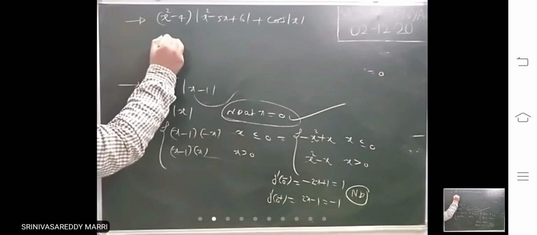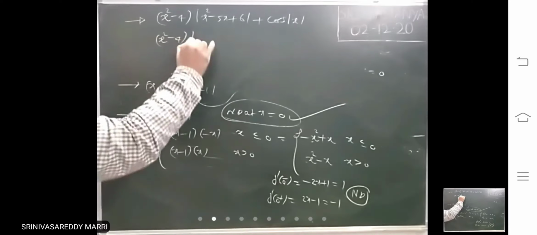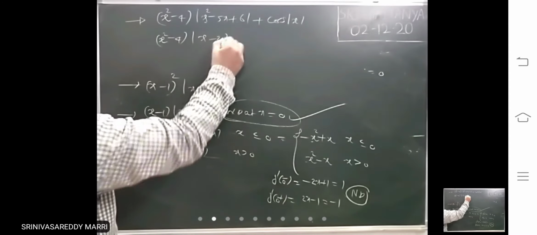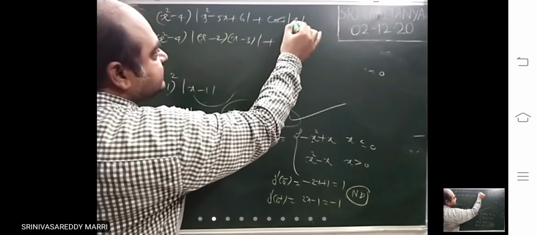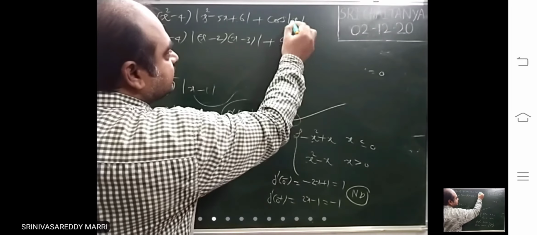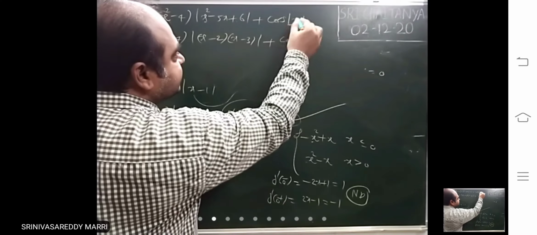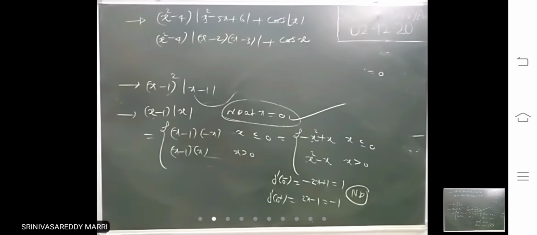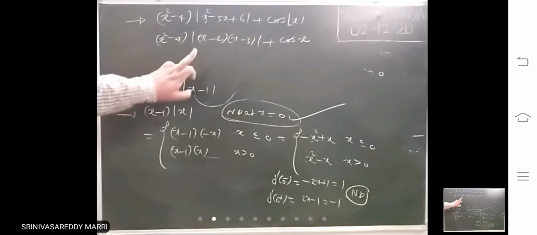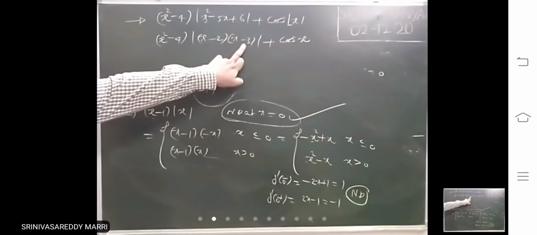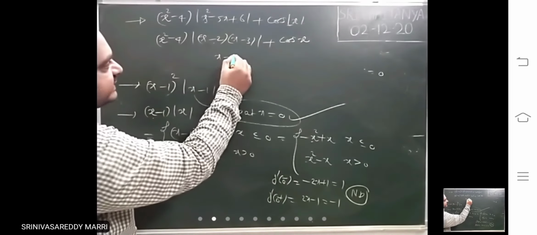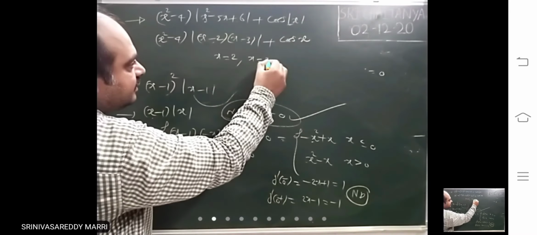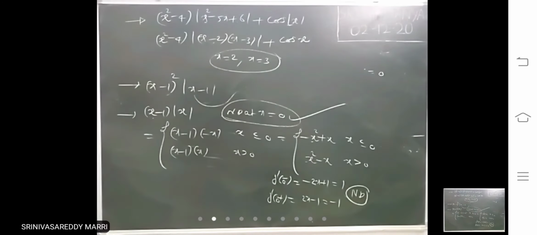Now x square minus 4, these are factors, what? x minus 2 into x minus 3. You write this plus or minus x. If plus x also, x only; minus x means cos of minus x. So only modulus is there. If you look at this, modulus will not be differentiable where this is 0. You find out, you got 2, 3.